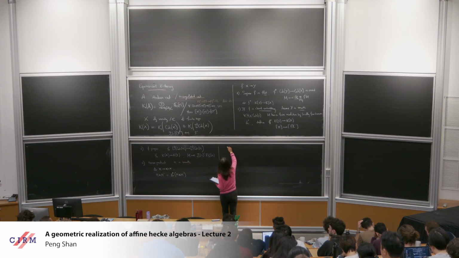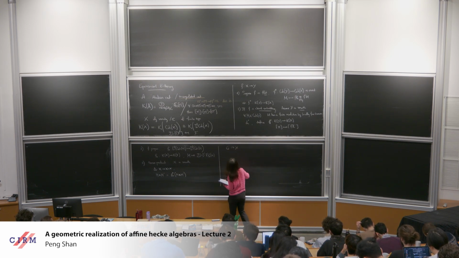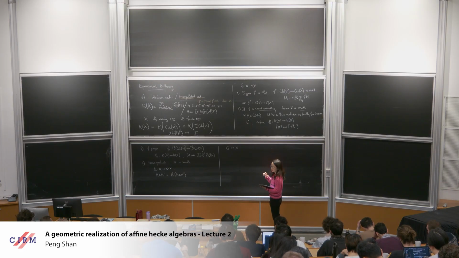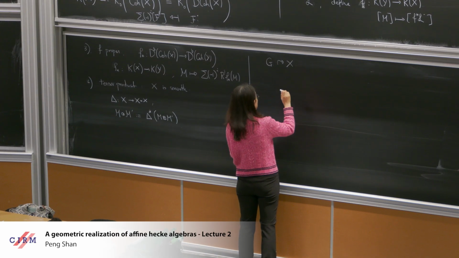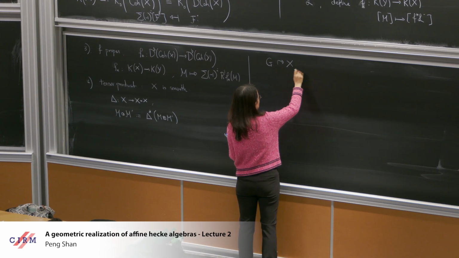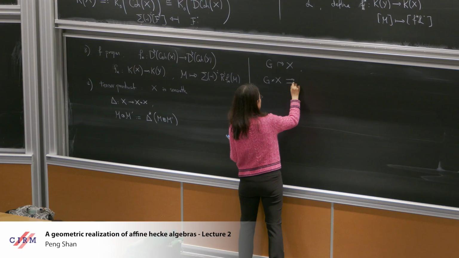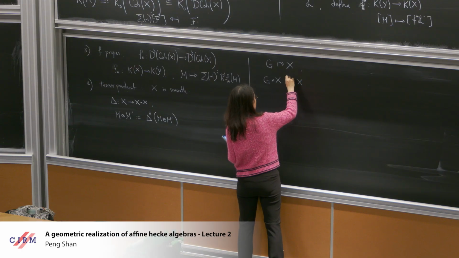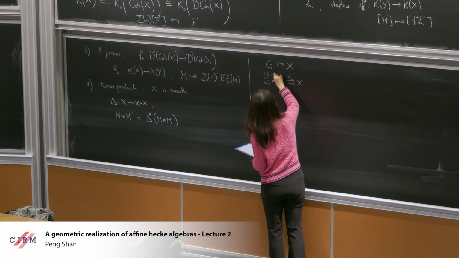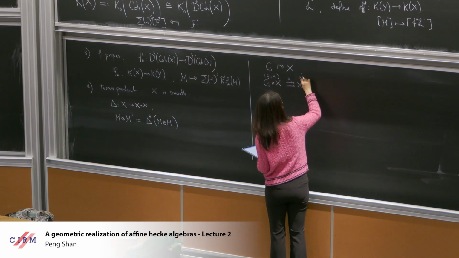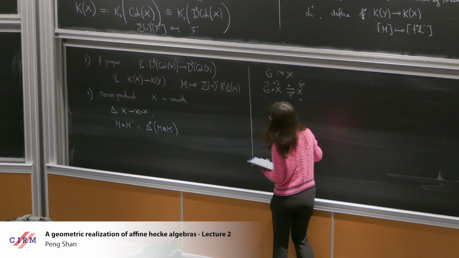If we start from a connected reductive group G acting on an algebraic variety X, then we can talk about G-equivariant coherent sheaves on X. By definition, when you have such an action, you have two morphisms from G cross X to X. The first one is given by the action, A, which sends (g, x) to gx. And the second is just the projection, which sends such a pair to x.